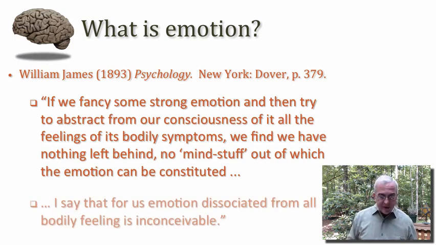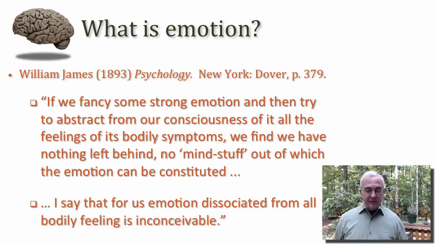James went on to say that, I say, for us, emotion dissociated from all bodily feeling is inconceivable. So James was quite intrigued with the relationship between body and brain, between mind and body, and how that interaction might give rise to emotional experience.